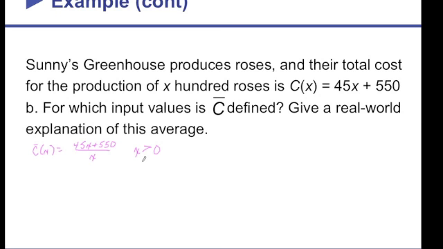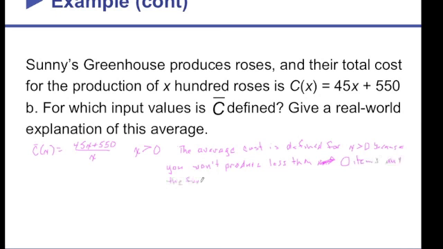So a real-world explanation of this average is the average cost is defined for x greater than 0 because you wouldn't produce less than 0 items, and the function is undefined for x equal to 0.